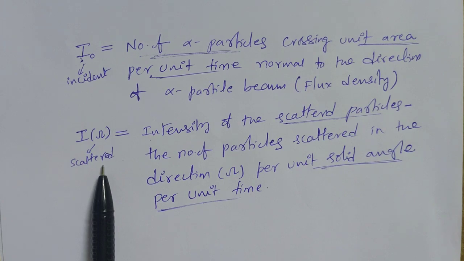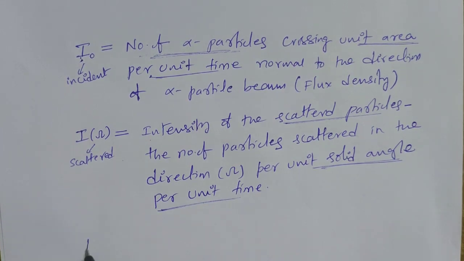What is this? Now I want to define one of the important quantities here, known as differential scattering cross section, d sigma by d omega.